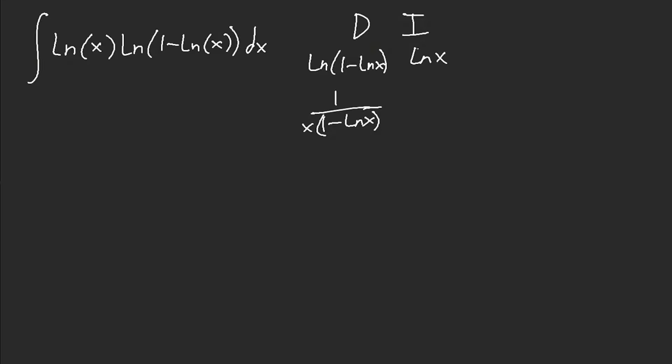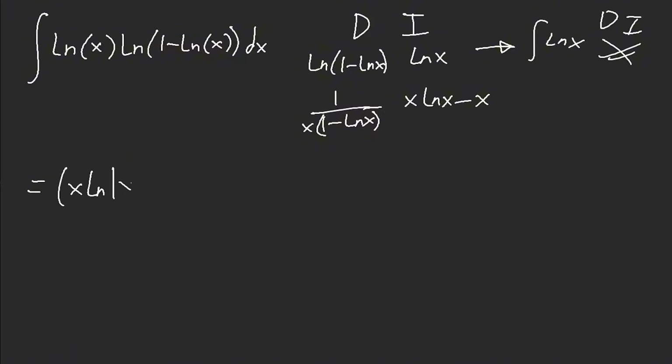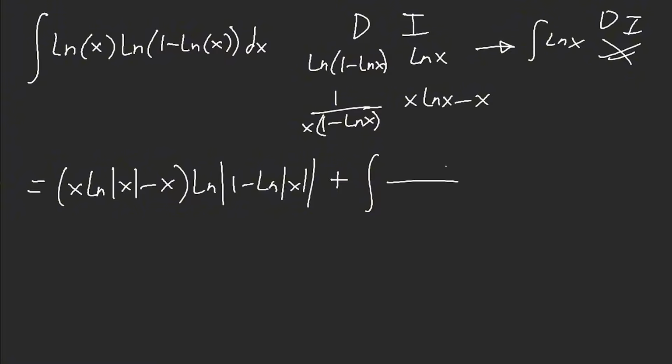And now, when you integrate this, you have to kind of scooch over to the other side, integrate ln of x, do your integration by parts, blah, blah, blah. You should end up getting x ln of x minus x, right? Oh, but look at this. Our answer is x ln of x minus x, times (1 minus ln of x), and then this is plus. Oh, would you look at that?